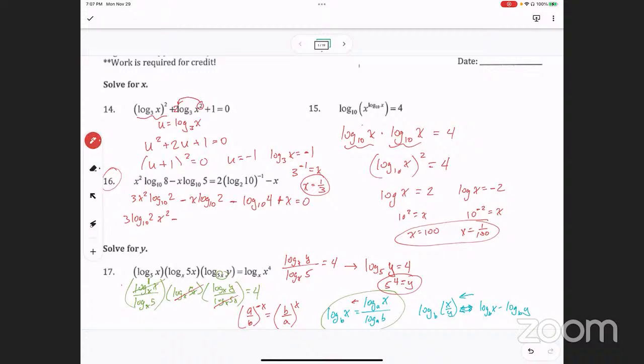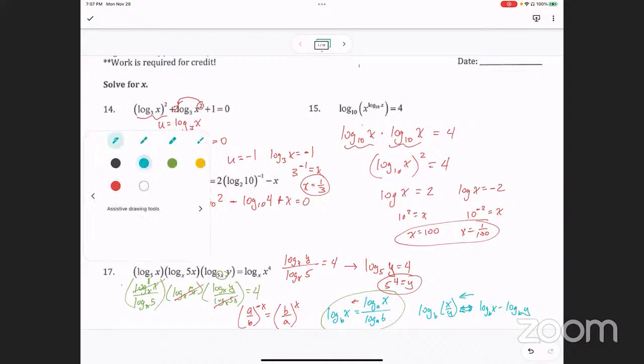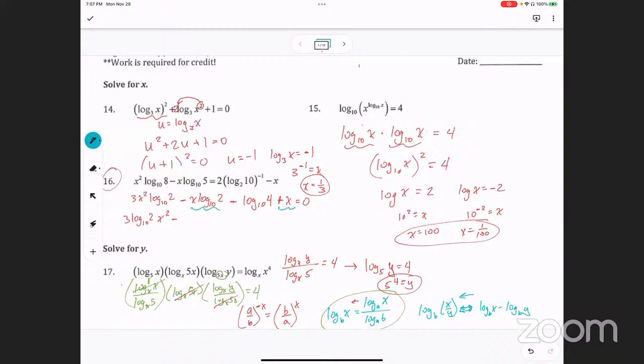Did I throw you off there too much? I moved the two terms on the right over to the left so that I set it all equal to 0, because now I'm going to take these x terms and factor a positive x out.